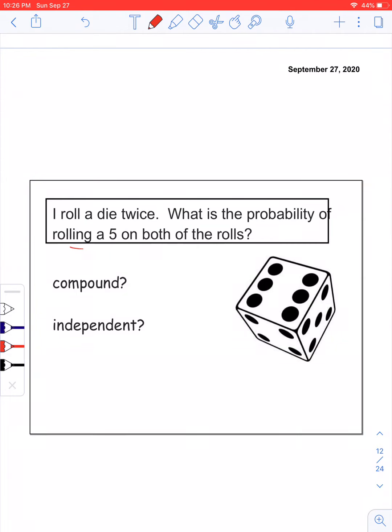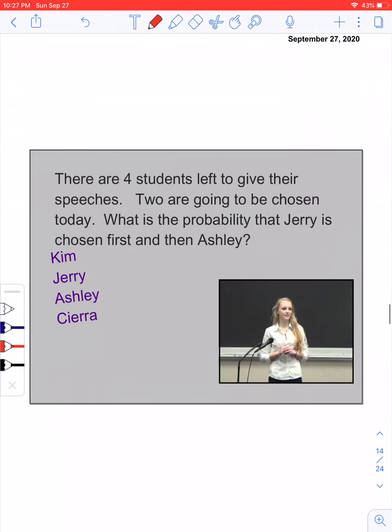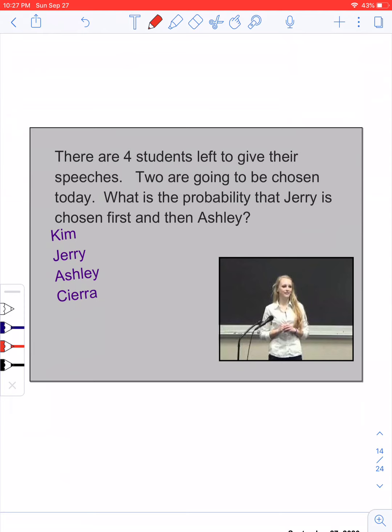What is the probability of rolling a 5 on both rolls? Is that compound? Is that independent? Again, 2 rolls was the key thing here. So yes, compound. Independent? Does one die know what the other die falls? No, these do not know each other. So yes, they are independent. It'd be cool if you could teach a die to know what the other die fell, but you really can't.